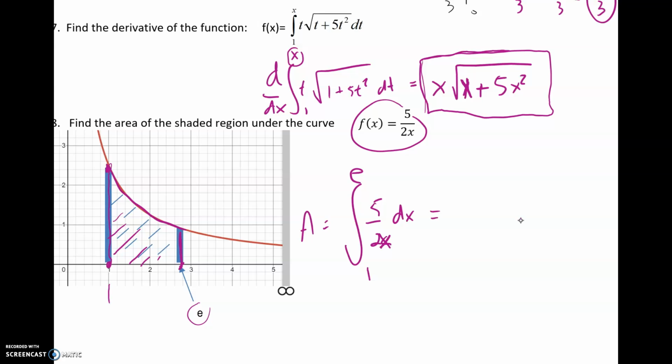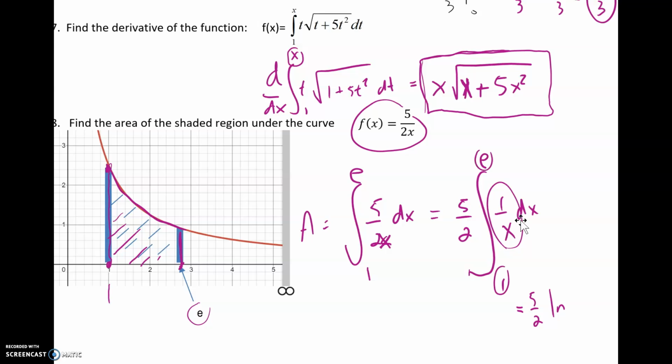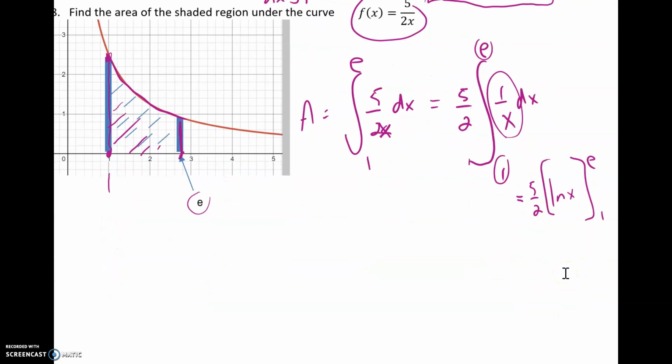So that's how I set it up, and I like to factor out my constant, so I factor out the 5 halves, and then I'm just left with 1 over x. I'm going from 1 to e, and this will just be the natural log of x. So it's just 5 halves times the natural log of x, and I don't need my absolute value bars because these are both positive, and I evaluate that from 1 to e, and then I will be done.